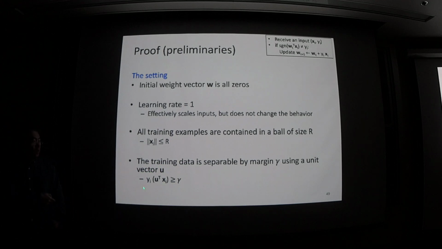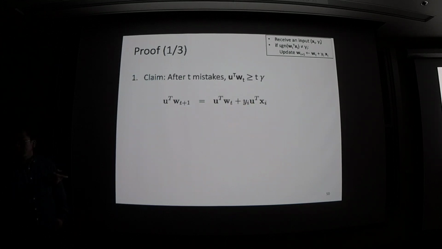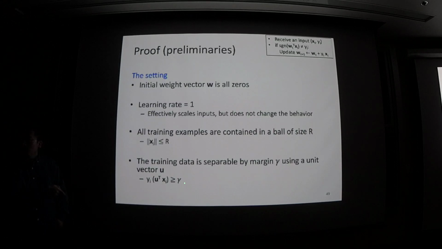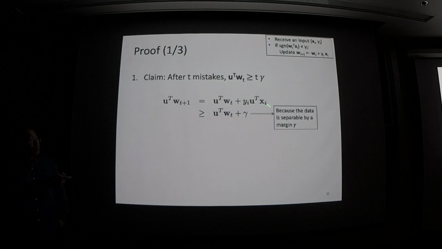We know that u is a separating hyperplane and has a margin gamma. That means for any pair xi, yi in your training set, you have yi u transpose xi no less than gamma. So now we can plug in the right hand side, the margin, for yi u transpose xi here.